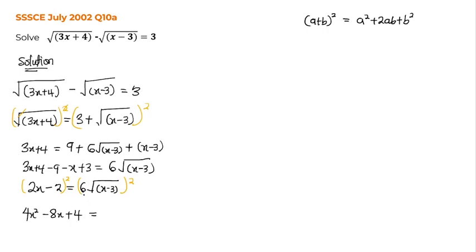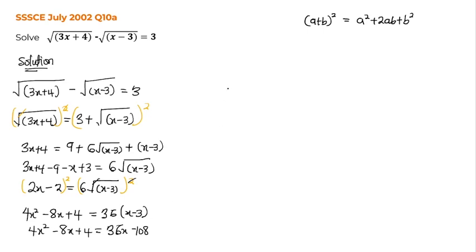This will be equal to, here will be 6 squared, that will give us 36, multiplied by this will cancel the root here, so we are left with x minus 3. So I have here 4x squared minus 8x plus 4 is equal to 36 multiplied by x will give me 36x. 36 multiplied by negative 3 will give me negative 108.